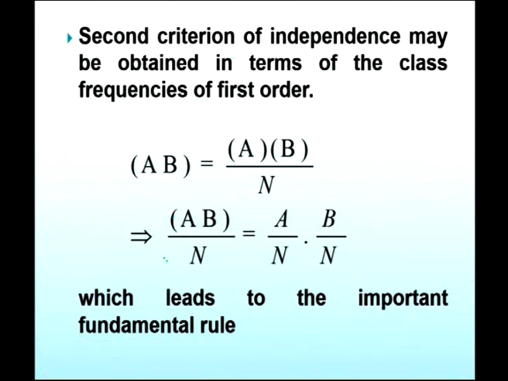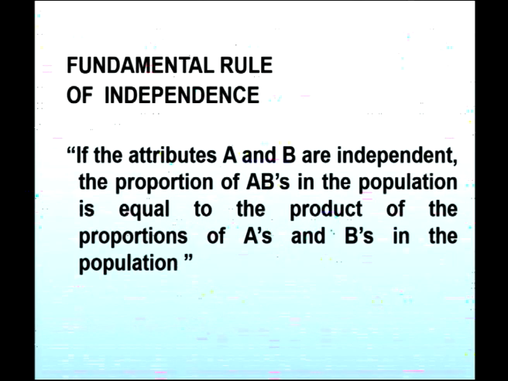The second criterion of independence may be obtained in terms of the class frequencies of first order. That is, AB is equal to A into B divided by N, or you can write AB by N is equal to A by N into B by N, which leads to the important fundamental rule. The fundamental rule of independence says, if the attributes A and B are independent, the proportion of ABs in the population is equal to the product of the proportions of As and Bs in the population.